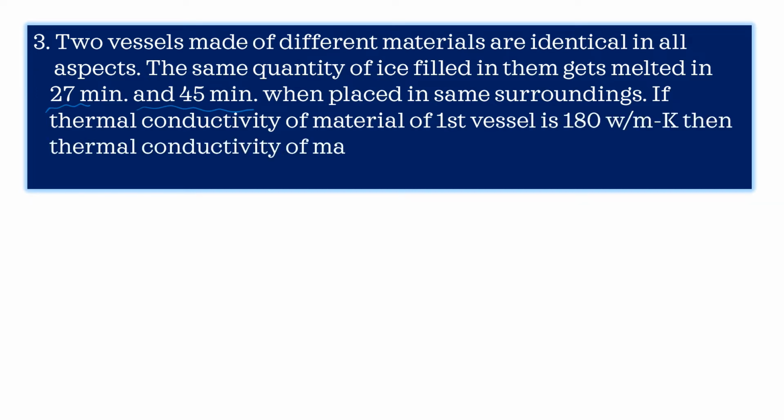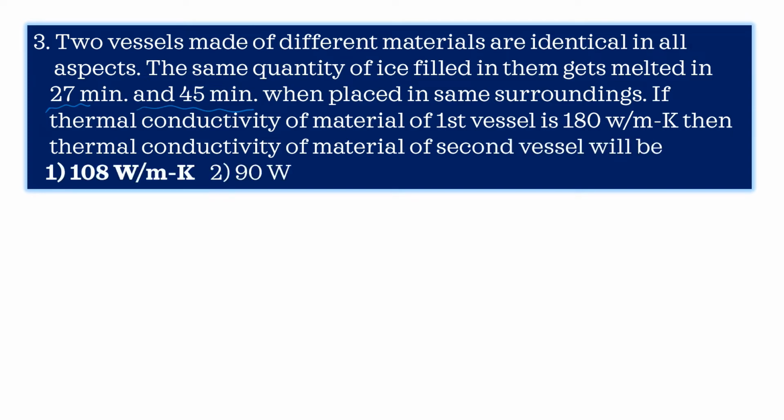If the thermal conductivity of the material of the first vessel is 180 watt per meter per Kelvin, then the thermal conductivity of the material of the second vessel will be. Here we have to calculate the thermal conductivity of the second vessel.